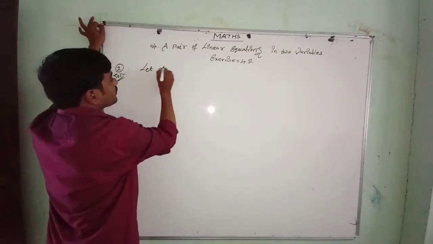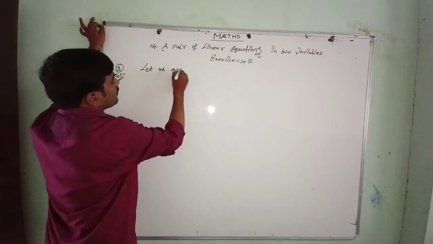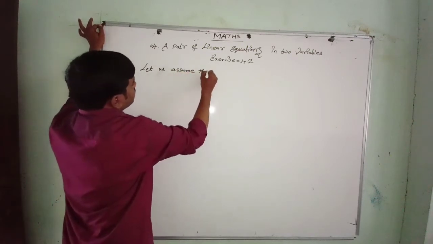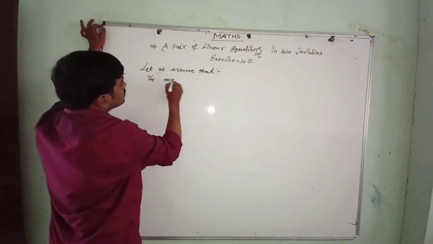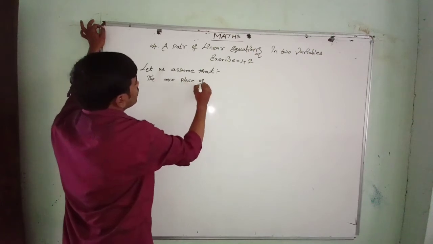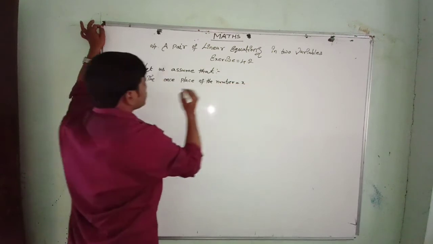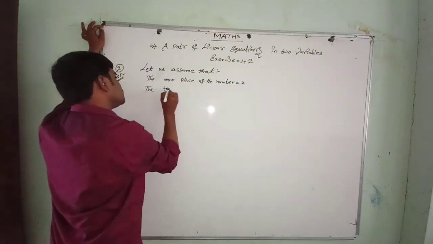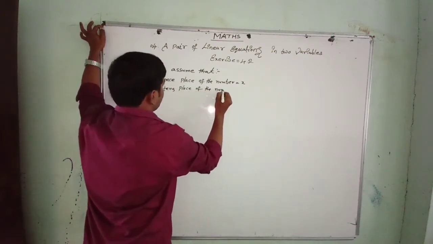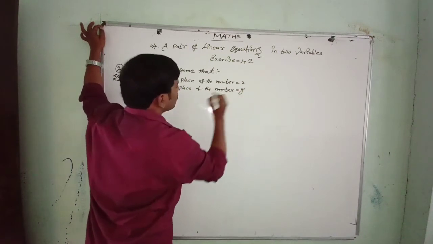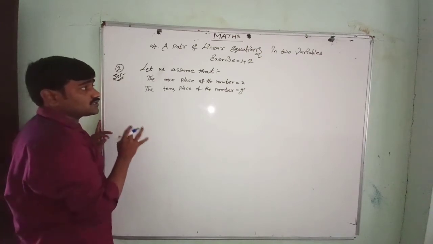Let us assume that the ones place of the number equals x, and the tens place of the number equals y.